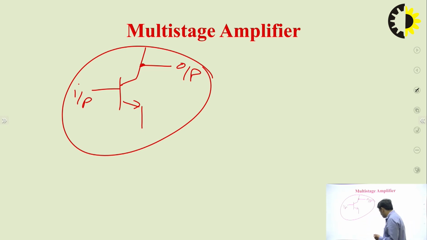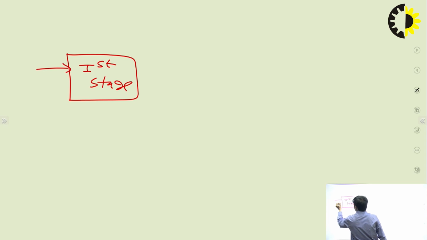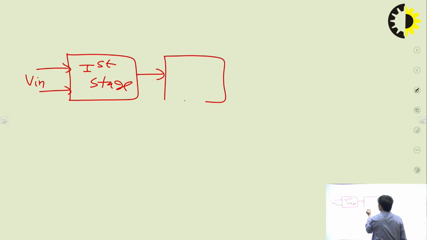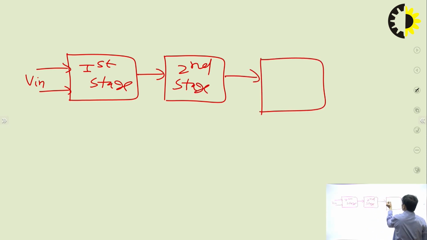So let's draw the block diagram of multi-stage amplifier. Let's say this is the first stage amplifier and we apply the input signal at the first stage. This first stage is also called input stage because the input signal is applied here, right? And the output of the first stage is connected to the input of the second stage. Similarly, the output of the second stage is connected to the input of the third stage.